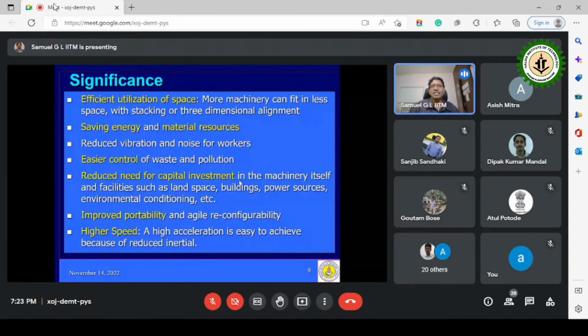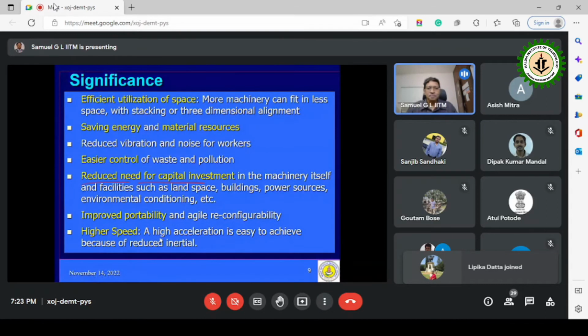Then saving of energy and material resources, reduction of vibration and noise, easier control of waste and pollution, and reduced capital investment. As of now, micro and nano scales are more expensive, but once the technology is mature, the cost will come down. Then improved portability, so we can carry the product, and higher speeds.